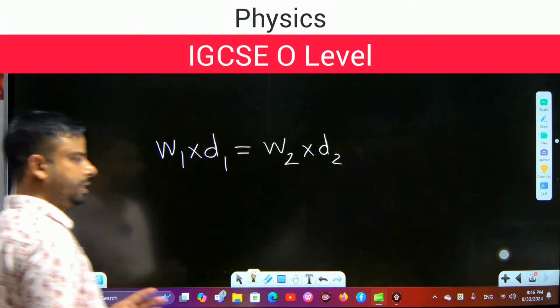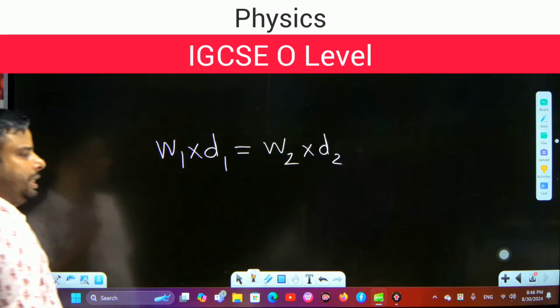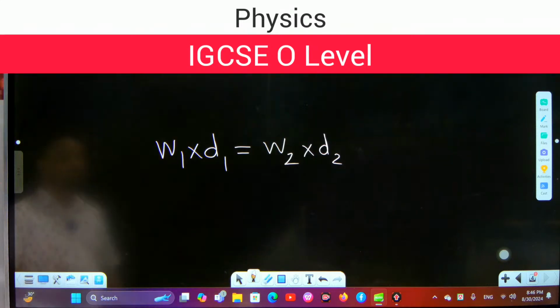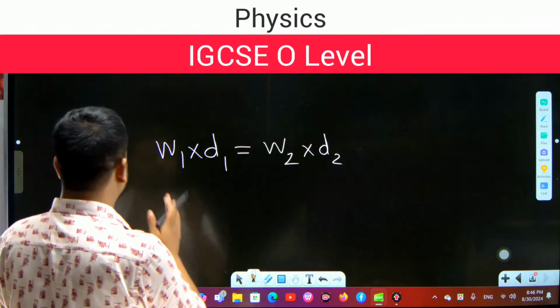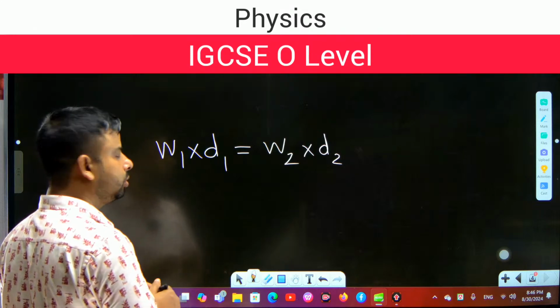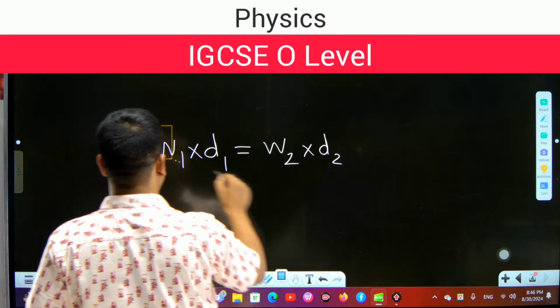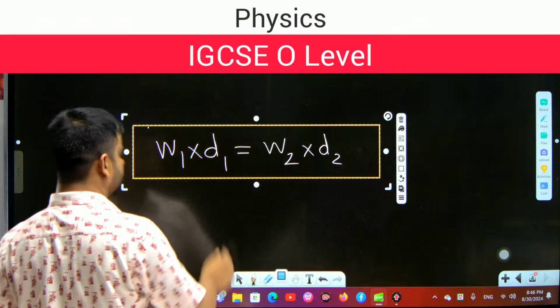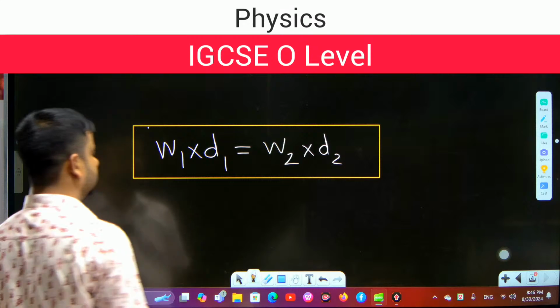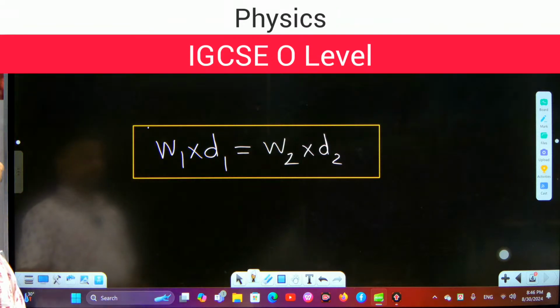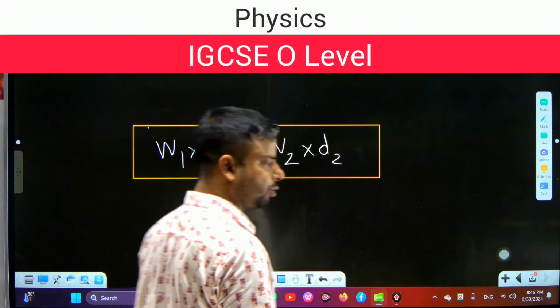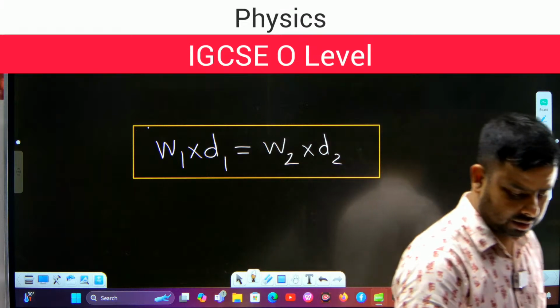If any object is in equilibrium or balanced, then total clockwise moment is equal to total anti-clockwise moment. This is the principle of conservation law of moment.